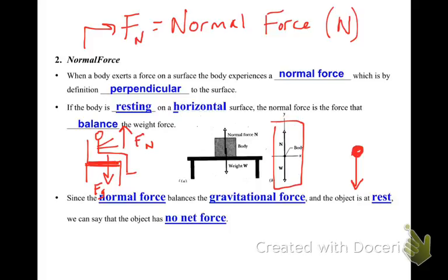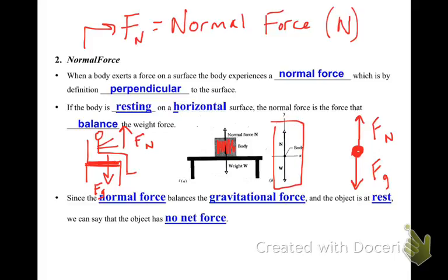So let me make that dot gigantic. We've got our weight force pointing down, and if this particular block is simply resting on our table here, that means our normal force must balance out our weight force. Because if it's resting, we have to have balanced forces. There's no unbalanced force acting on this because it's not moving anywhere.